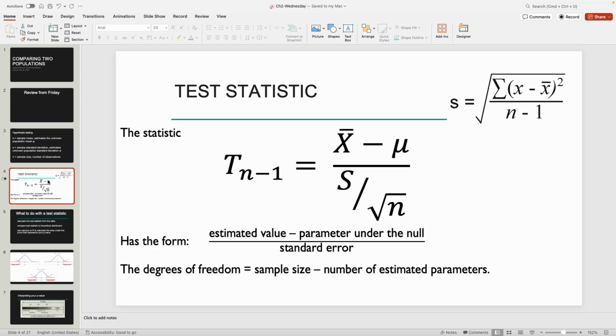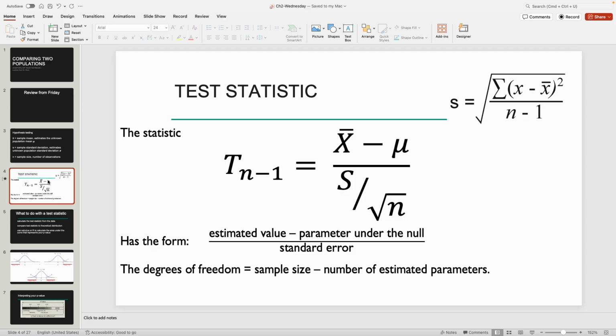Now, if the estimated value is much larger than the null mean, then that's evidence that the population mean is not as hypothesized. It's not equal to the null value. It's evidence of an alternative hypothesis that the population mean is different than the specified value.